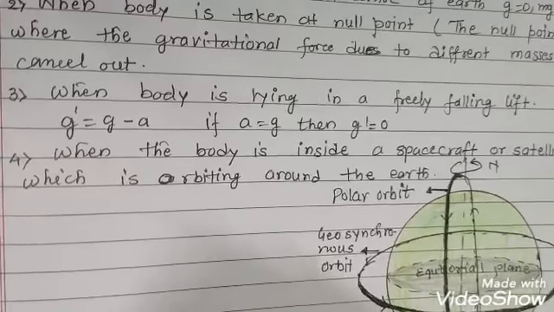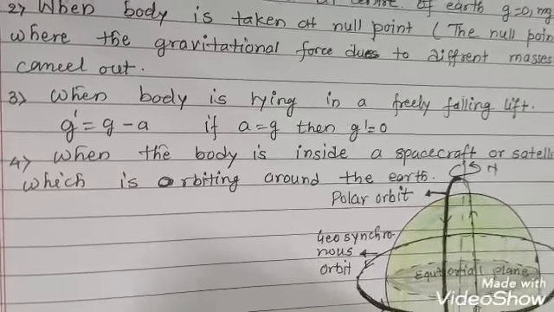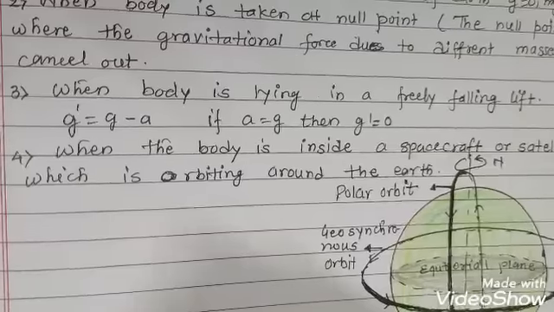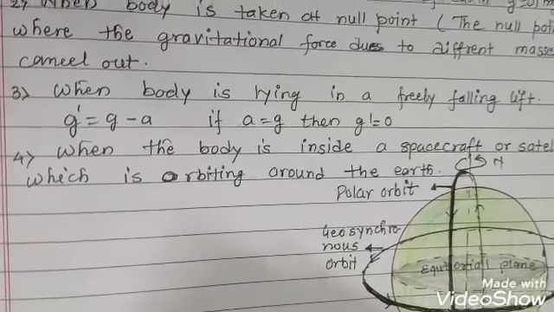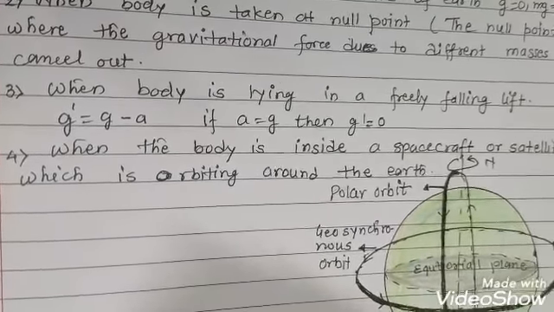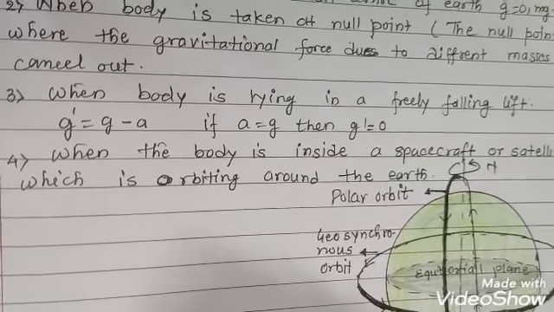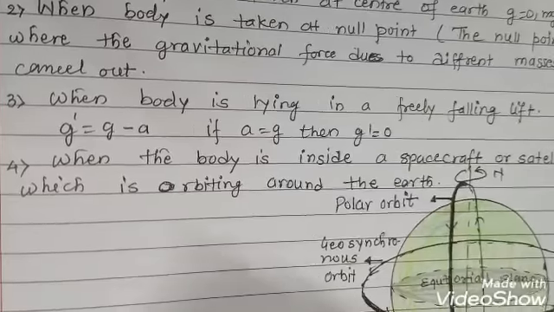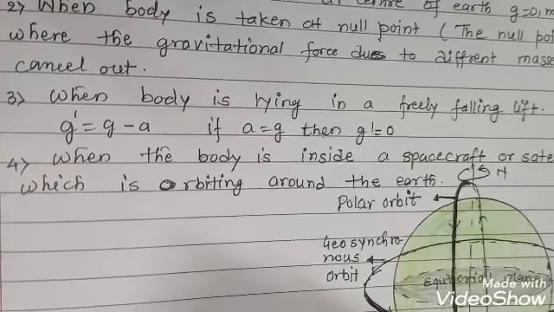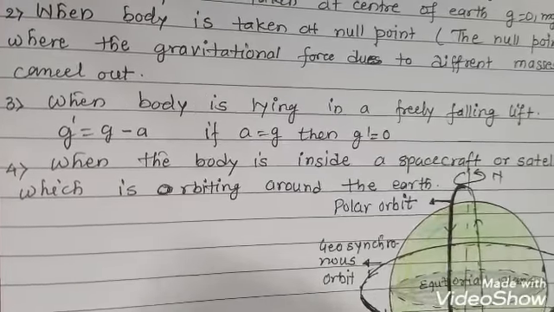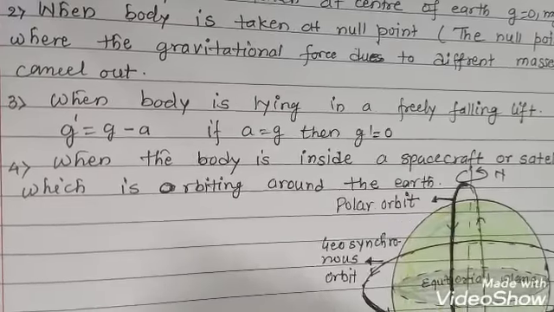And in the satellite situation, we have already seen that when a satellite is orbiting around the earth, the satellite and every object inside the satellite has an acceleration equal to the acceleration due to gravity, directed towards the center of earth. It means every object inside the satellite is in a state of free fall.